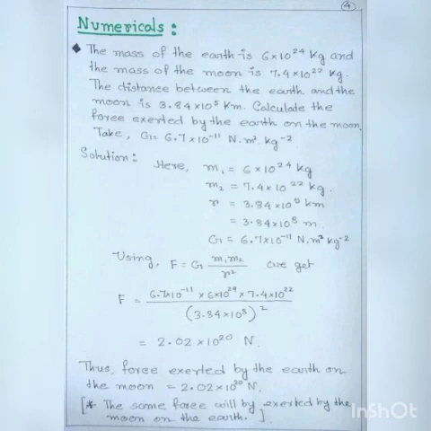Now using the formula of gravitational force, F is equal to G m1 m2 by r square, we substitute all the values of m1, m2, r and G, and we get the attractive force between the earth and the moon as 2.02 into 10 to the power 20 Newton. Thus, the force exerted by the earth on the moon is 2.02 into 10 to the power 20 Newton. The same force will be exerted by the moon on the earth.